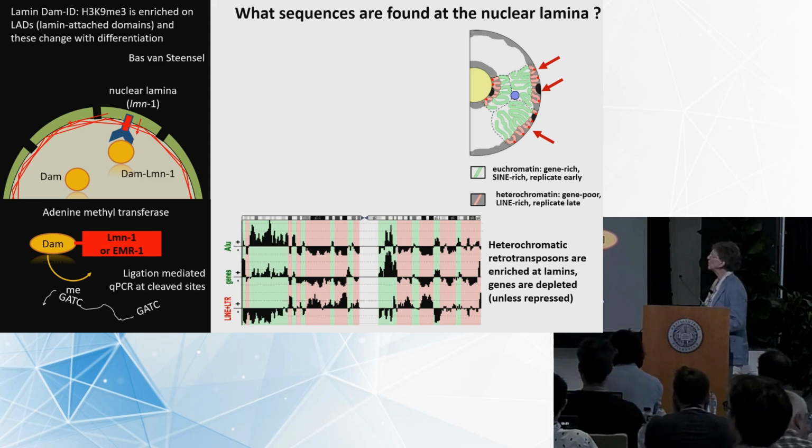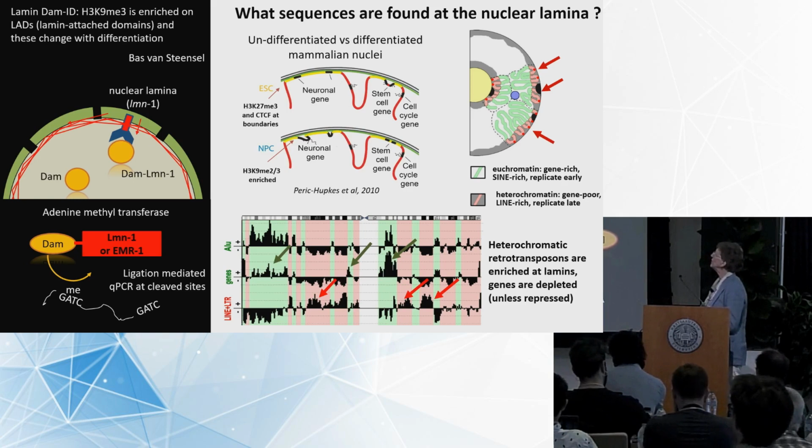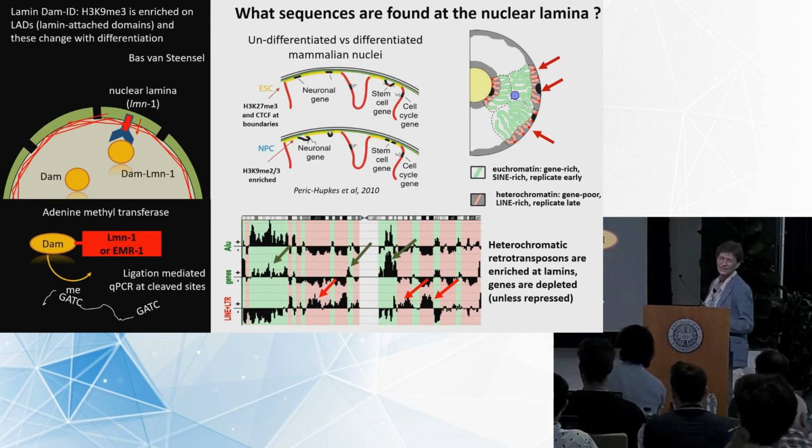Basically, the heterochromatin at the periphery turned out to be, of course, enriched for the lamin DAM-ID, and genes tended to be depleted for lamin DAM-ID, and so it just reinforced what everybody thought. Now, Bas did this as well in a 2010 paper looking at ES cells and then differentiated neuron-like cells, and could look at specific regions of specific genes.